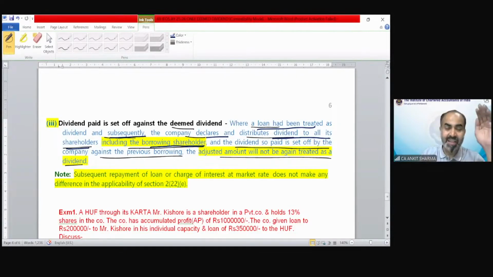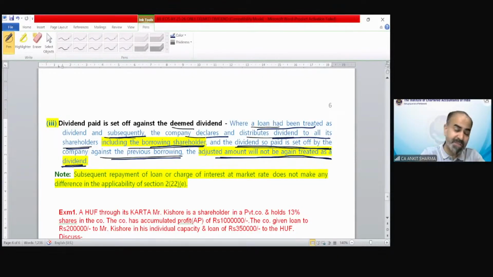And he says that I do not want to receive that normal dividend, kindly set off this normal dividend against my loan amount, which has already been treated as deemed dividend. And the dividend so paid is set off by the company against the previous borrowing. That adjusted amount will not be again treated as dividend.